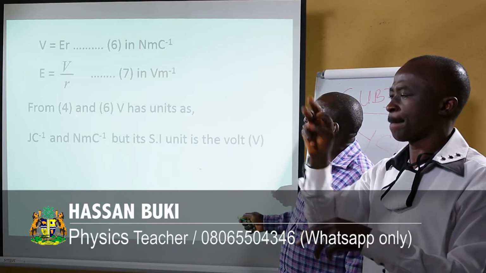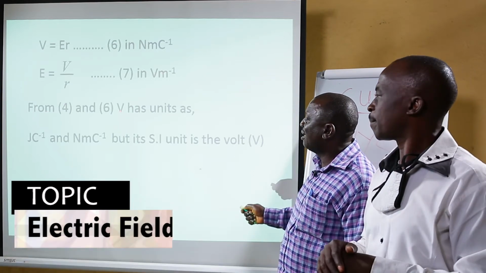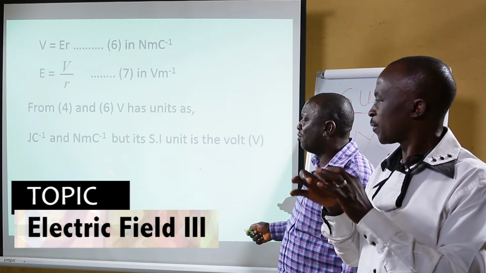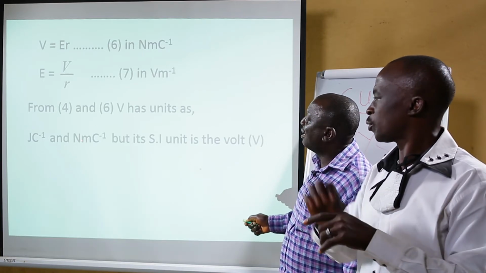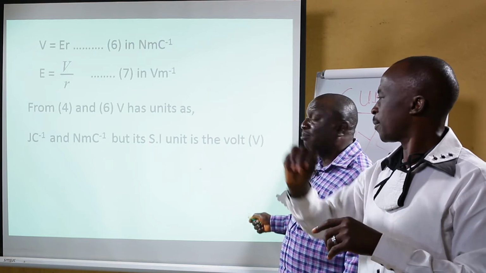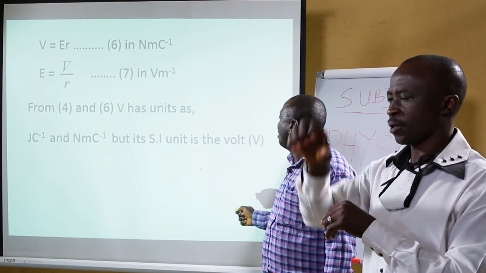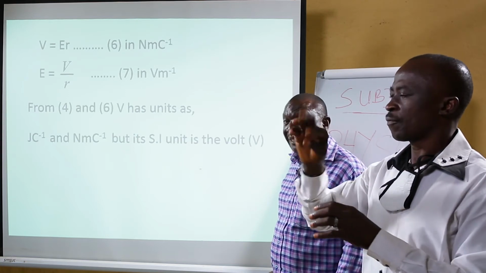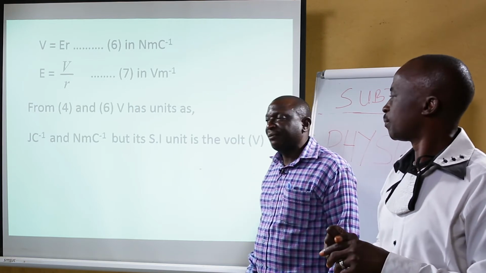Now, from equation 4 and equation 6, V has units as joules per coulomb, which we've seen already, and then Newton meter per coulomb. But the SI unit of potential is volts. That is its SI unit.